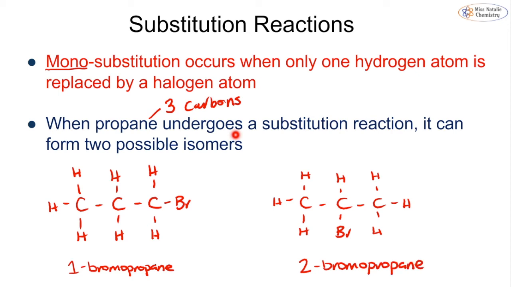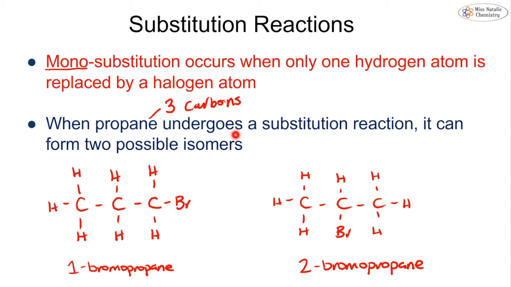Now, 3-bromopropane does not exist because if I was to move the bromine to the carbon on the left and continue to move it down the chain, we would start the numbering from the other side. So we can only get 1-bromopropane or 2-bromopropane.